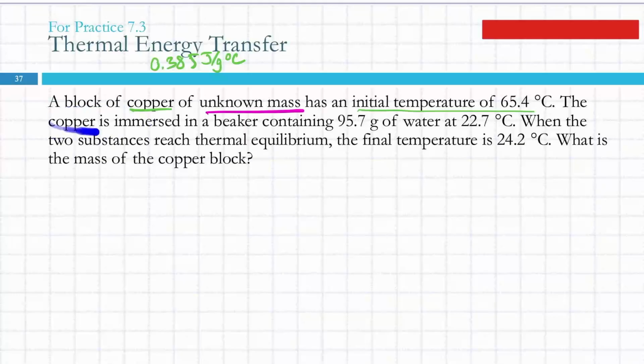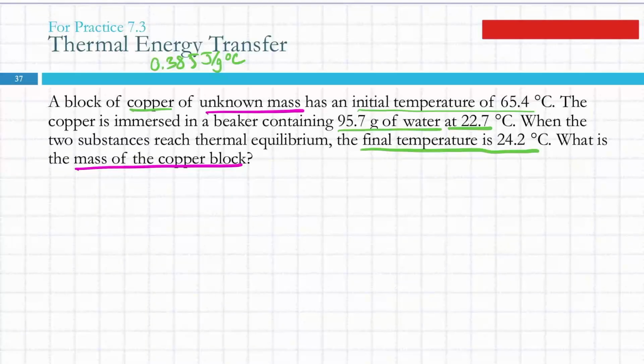The copper is immersed in a beaker containing this much water at a temperature. The final temperature is 24.2 degrees Celsius. What's the mass of the copper block?